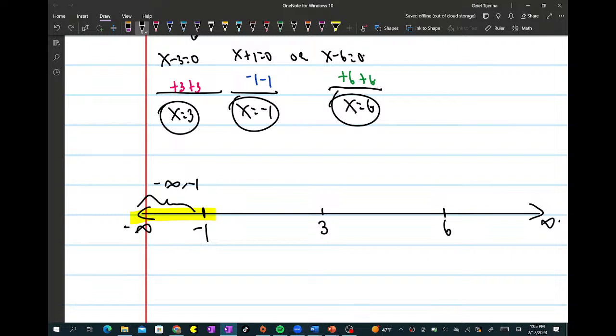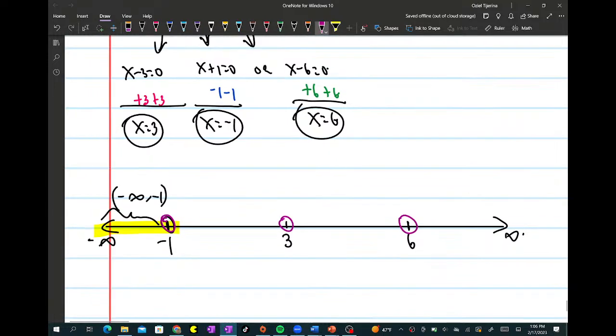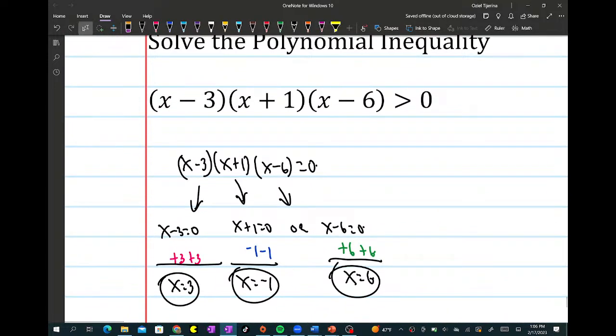Yes, we are using x-intercepts, but because it's greater than 0, we're not going to include -1 in the interval. We're going to put parentheses, so there's going to be a circle here, here, and here, because we're not including those in the interval; it's not or equal to 0.